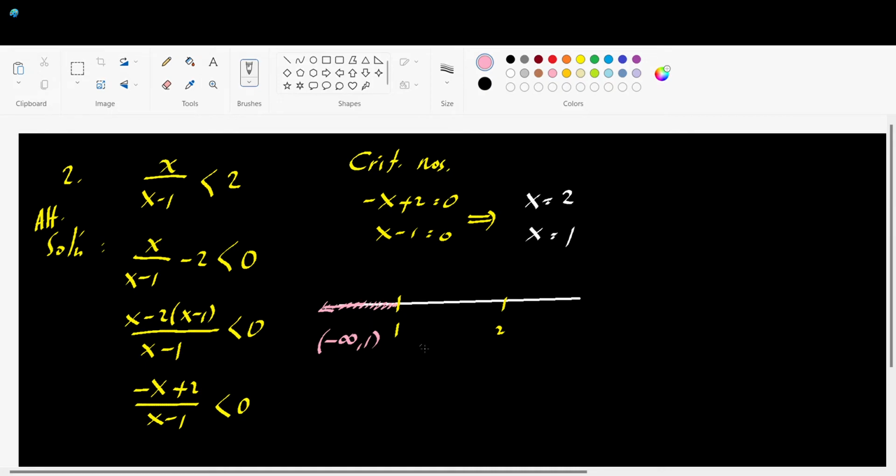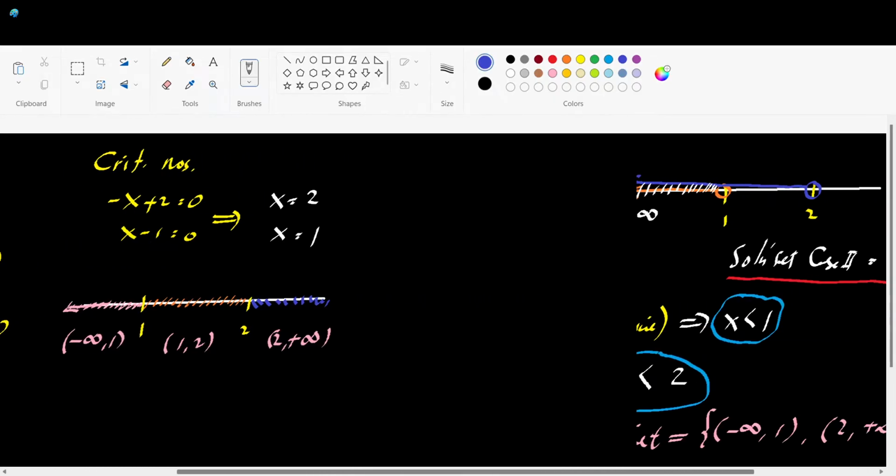Then the interval 1 to 2. And finally, the interval 2 to positive infinity. So it will be these numbers. Right?